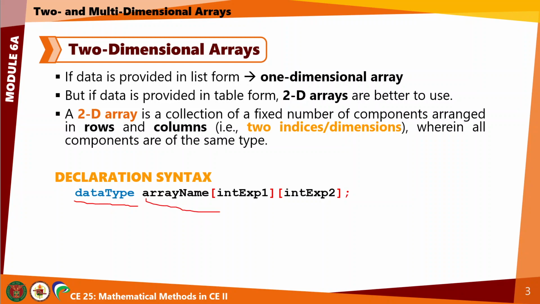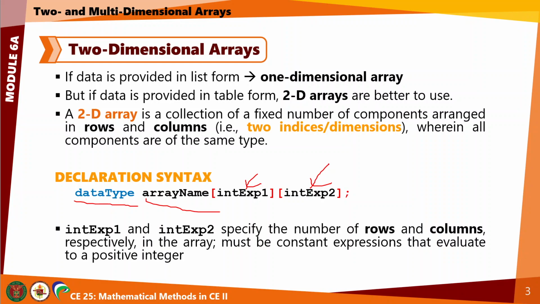Okay, a certain array name, and then expressions for each dimension. So, first dimension is the number of rows. Second dimension is the number of columns. So, itong dalawang to dapat always expressed in or evaluates into a positive integer kasi wala namang negative number of rows or wala namang zero number of rows and columns.